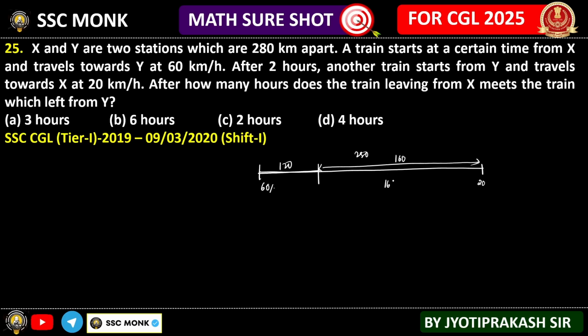Now this 160 distance will be covered by both and they are moving in the opposite direction. So 60 plus 20 is equal to 80, in 2 hours. Yes or no? Yes. So they will be meeting after 2 hours. Here the first train has already traveled for 2 hours. So total time taken by this first train which is moving from X towards Y is 4 hours.